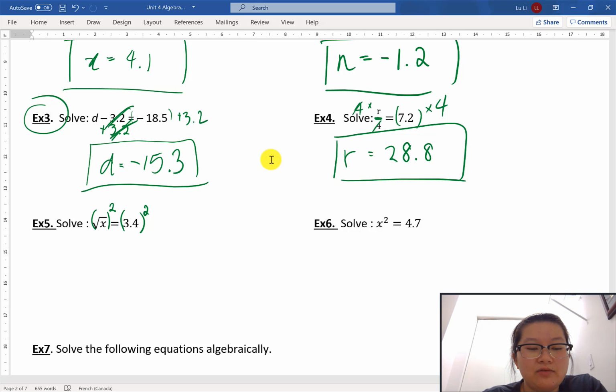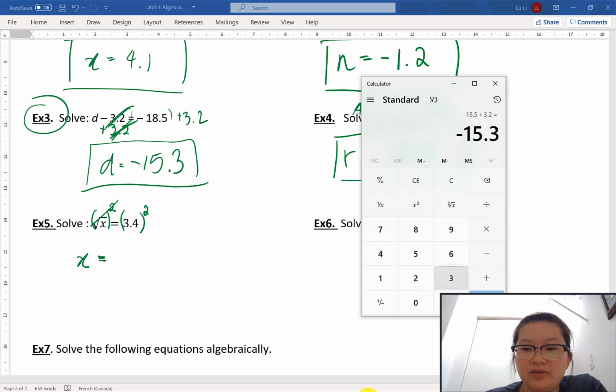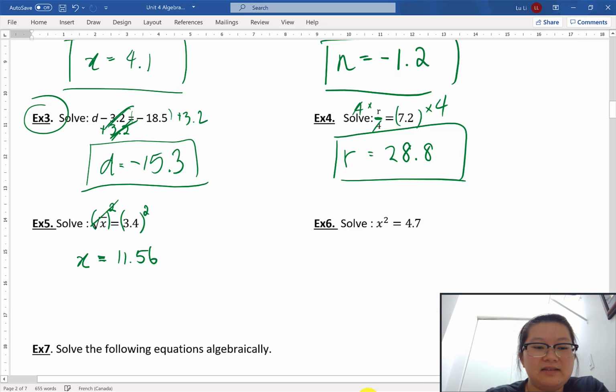So the square root and the square operations cancel out. I am left with x is equal to, and then on the other side I have 3.4 to the power of 2. I will just have to put that into my calculator. 3.4 squared gives us 11.56. Okay, and that's our solution for example 5.